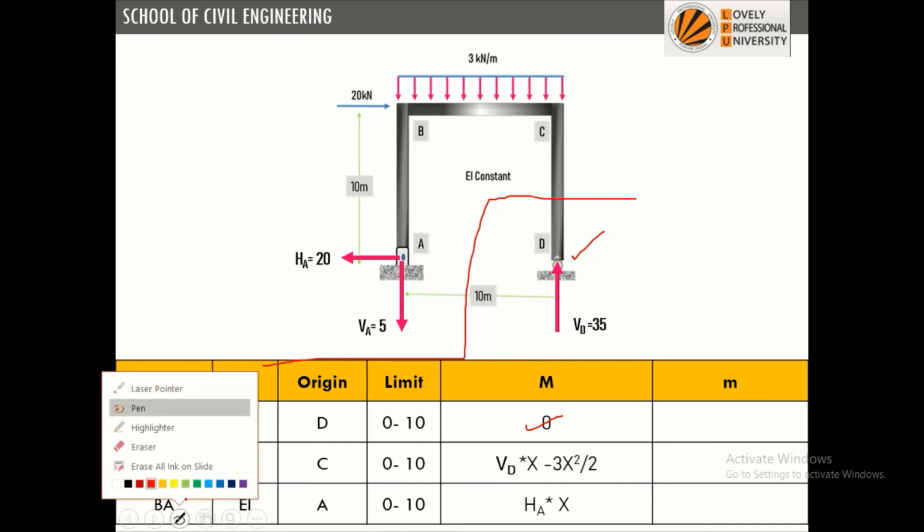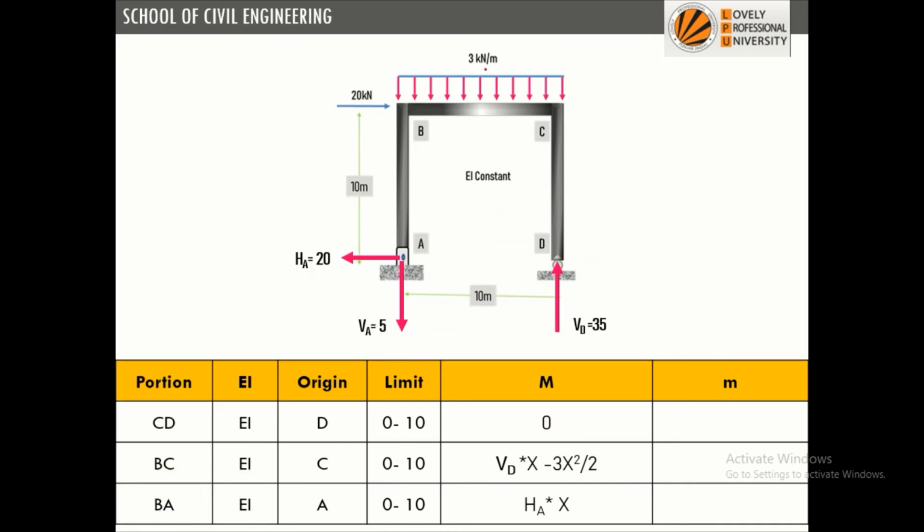Now we will come to the next portion, that is BC. Now we cut a section like this. It is up to us whether we consider the forces on the left hand side or on the right hand side. So we'll consider forces on the right hand side. What is the force here? It is VD. We'll keep origin as C, so this distance is going to be x. So the moment of this is VD into x, and is it sagging or hogging?